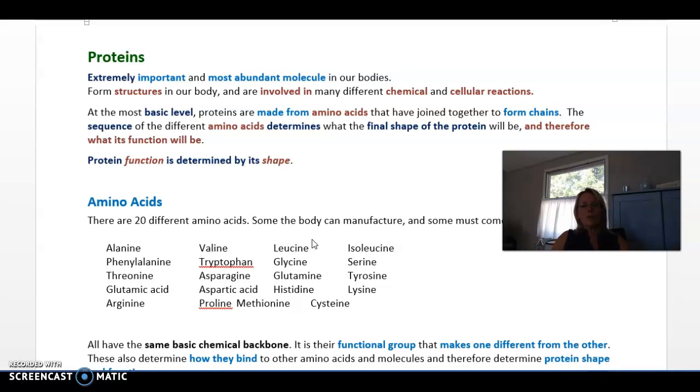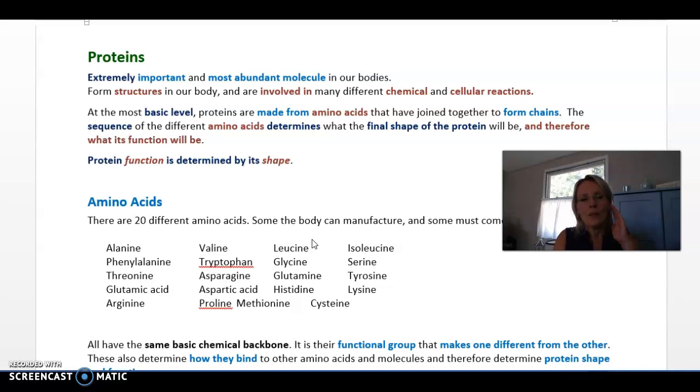So something to remember about proteins is that every protein starts off as a chain of amino acids that have been bound together. So hundreds of amino acids. So that's the very basic form of a protein, and then the amino acid chain will fold and do this and do that, and we'll talk about that in a bit.